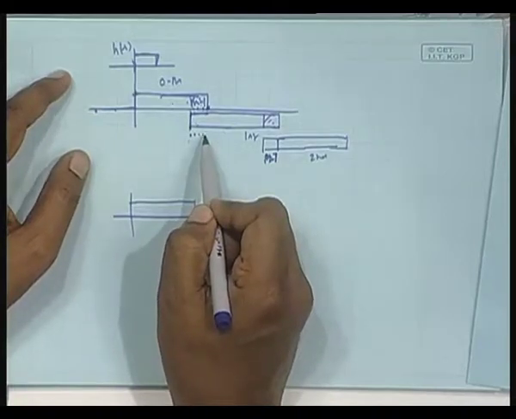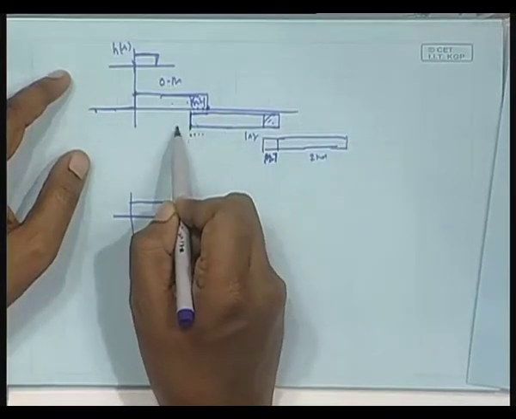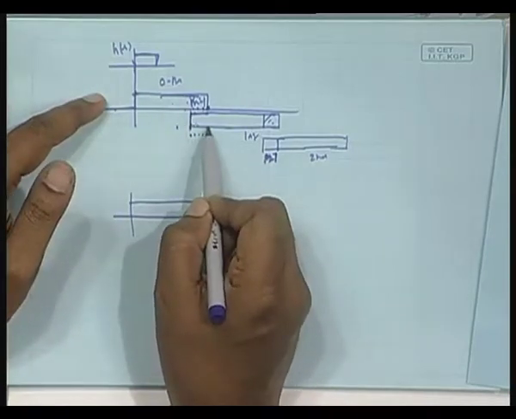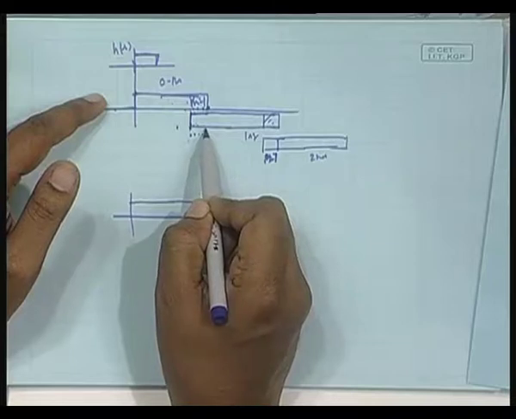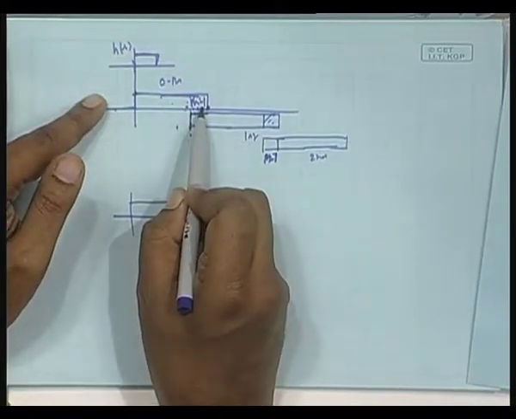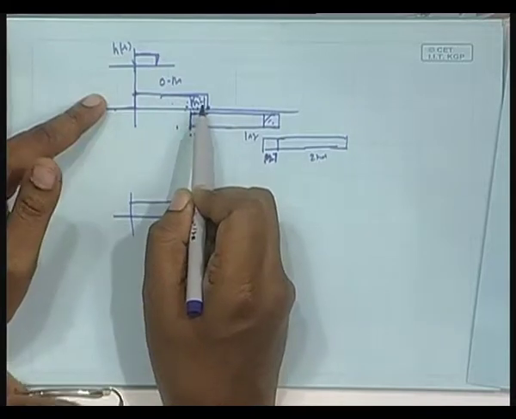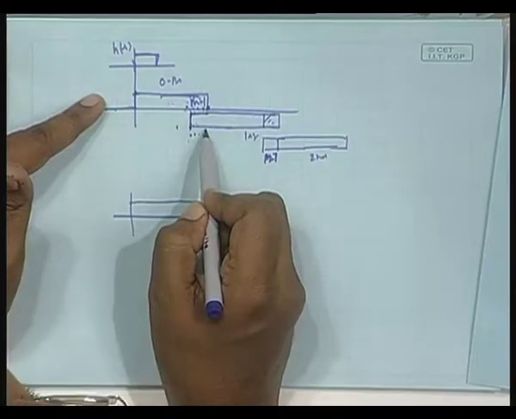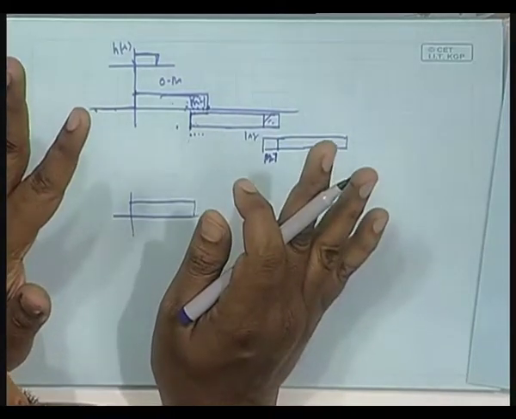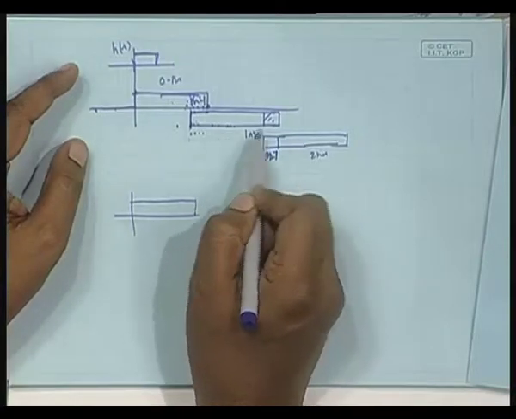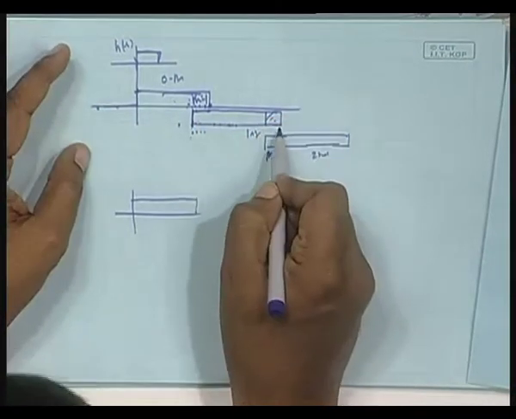The answer is no, because to the left of this I now have 0, but originally there was data. So those outputs I ignore. Who will supply me the output? From the previous block computation I already computed them and saved them, that is the overlap and save. So at these points I get incorrect results but I ignore them. Only from this point onwards I get the correct result, and I store them till here.